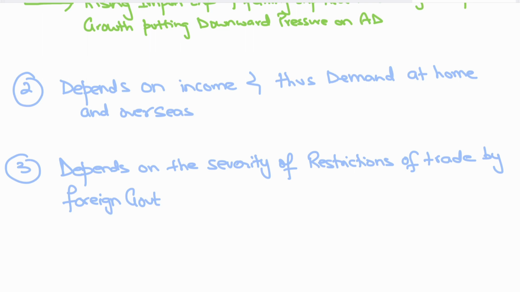What this means is, for example, if your exchange rate weakens, economic theory says that it will rectify a current account deficit. But whether it will rectify a current account deficit or not depends upon the income and demand overseas, let's say.